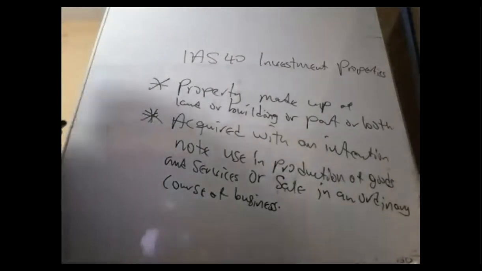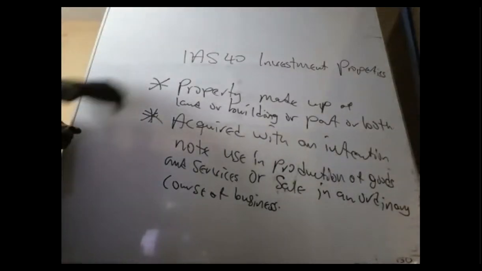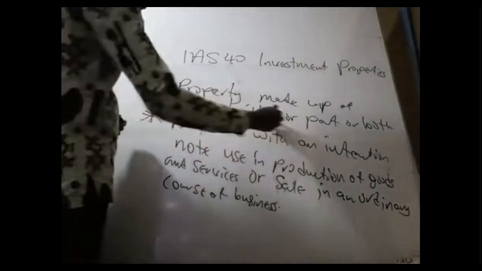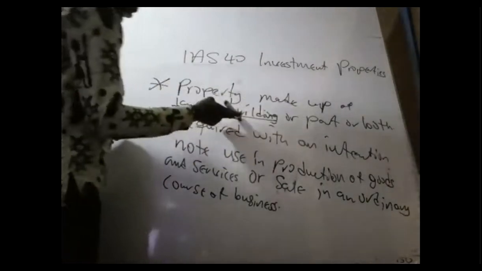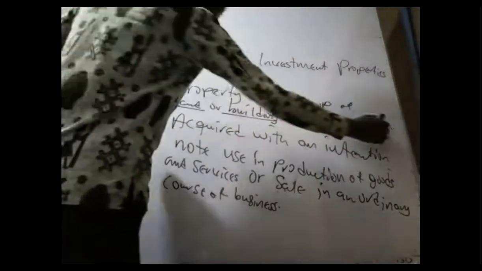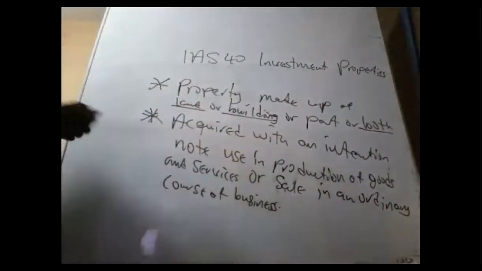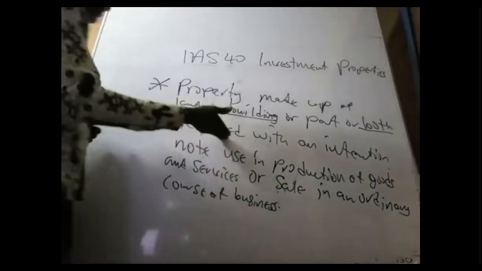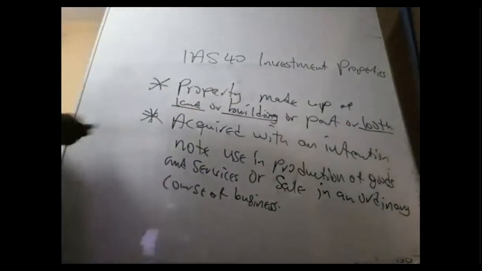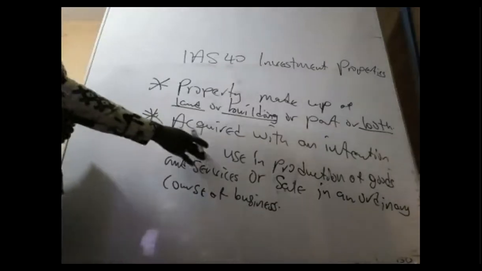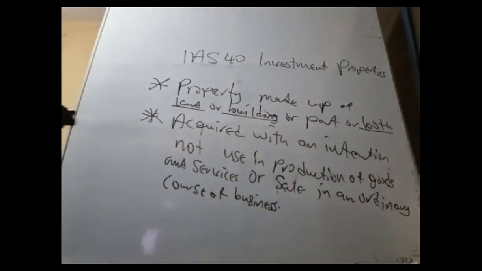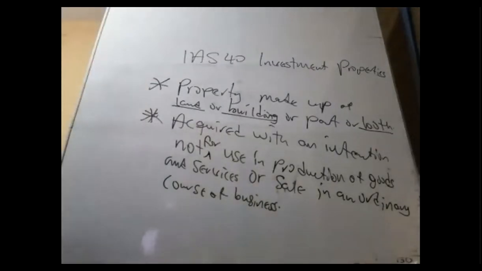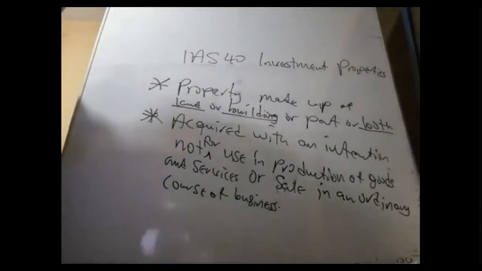Now, the first point is saying that a property is made up of what? Land, building, or part of a land, part of a building, or both land and a building. Point 2 is saying that it is acquired with an intention not for use in production of goods and services.